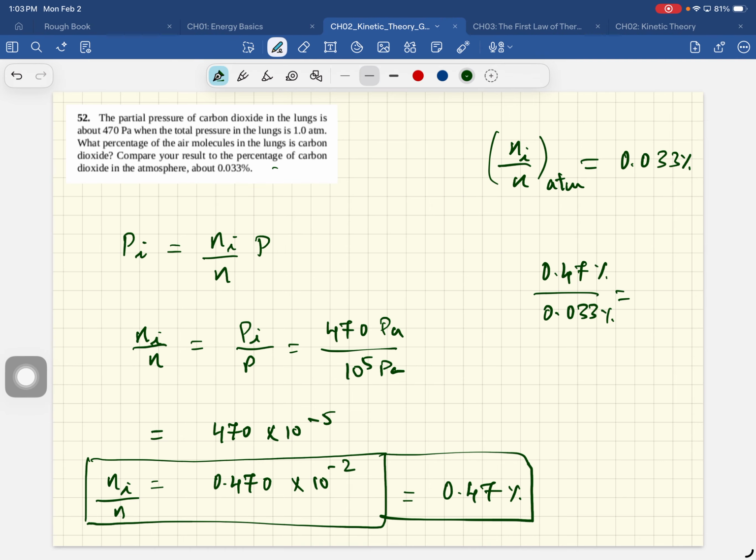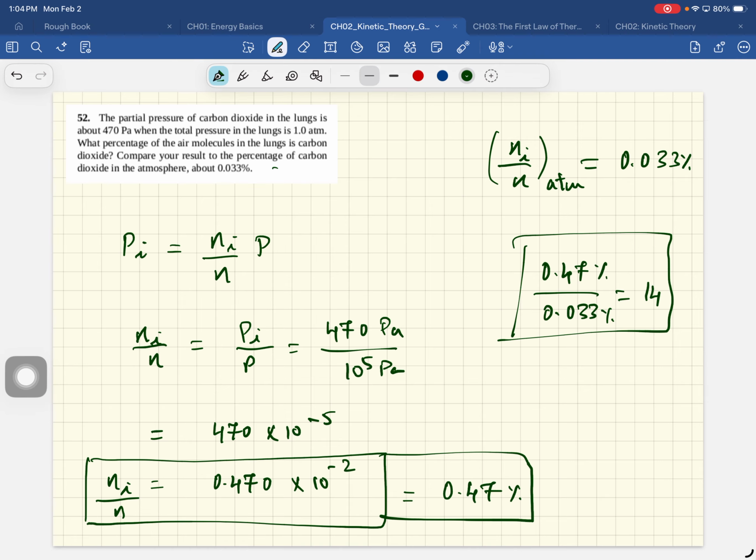Then F would be 7 halves. Okay. All right. So the amount of heat you're adding is N times 5 halves R times delta T. Okay. And we'll calculate that number in a second.